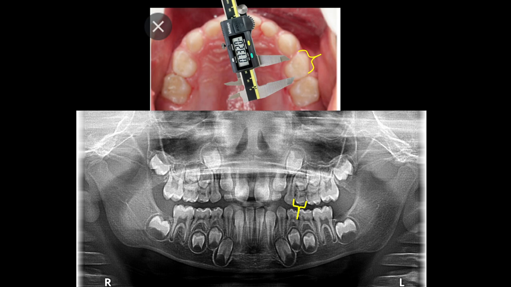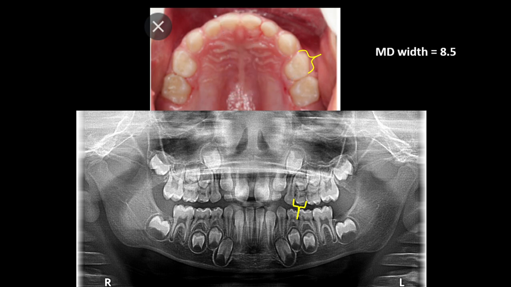In our example, the mesiodistal width of the D was 8.5 millimeter if we do our measurement inside the patient's mouth, and the mesiodistal width on the radiograph was 9.5. Remember, this is just an example.